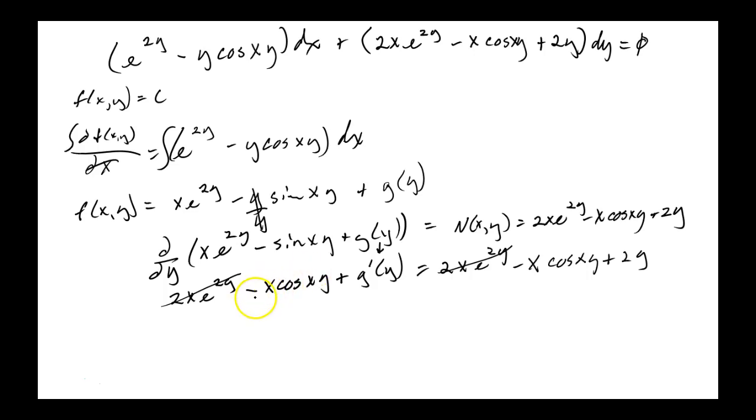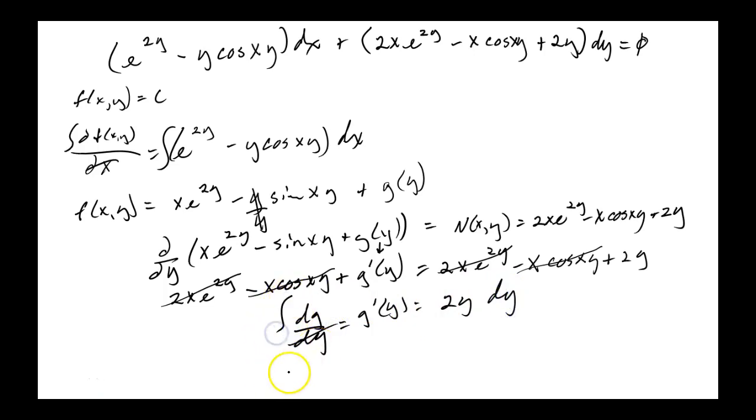And we'll also add x cosine xy to both sides. I just did. And what does that leave you with? g prime of y is equal to 2y. Well, let's rewrite this as dg dy is equal to that. So we'll take this and make a dy here.